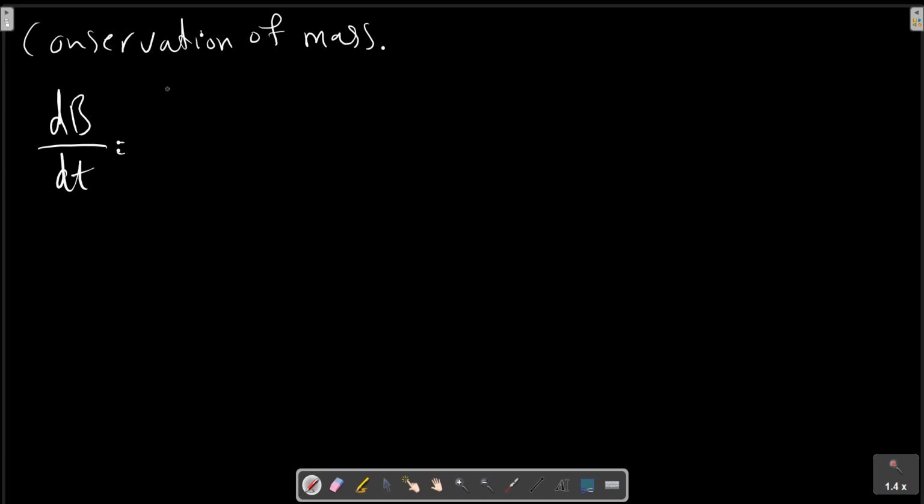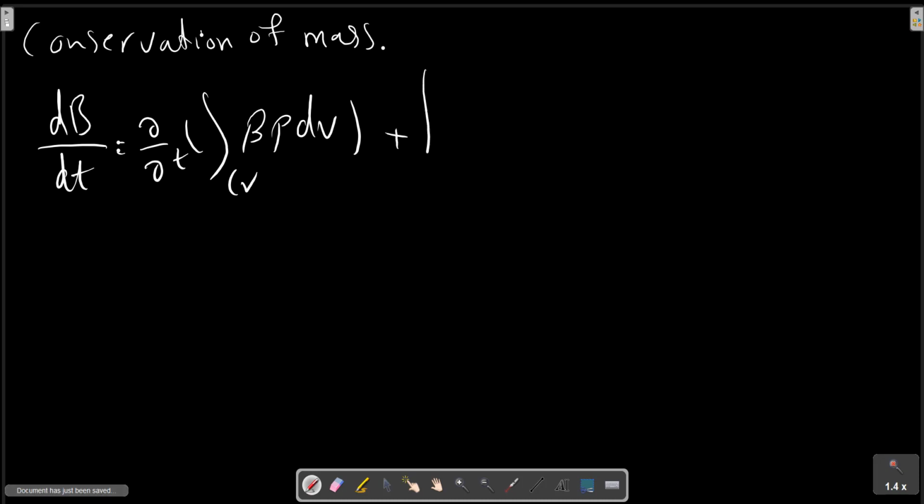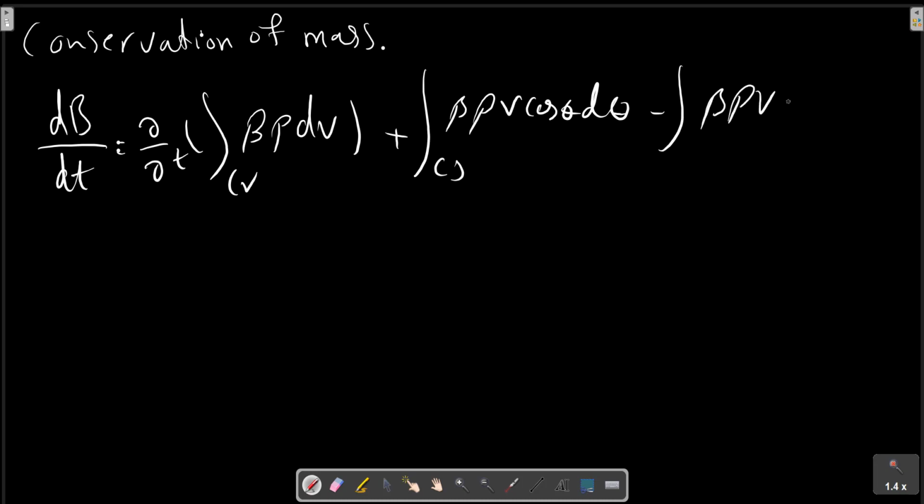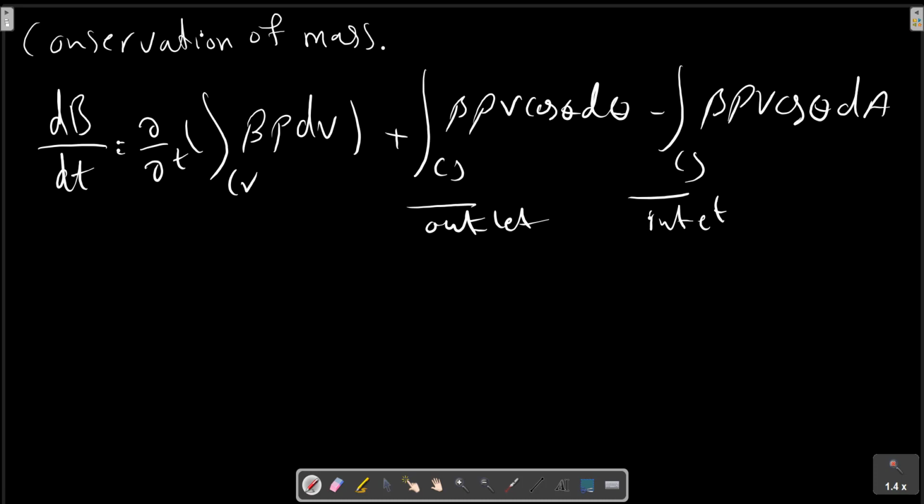B is a control volume property of the fluid, and beta is the intensive value of the property. It establishes a relation between system rates of change and control volume surface and volume integrals.